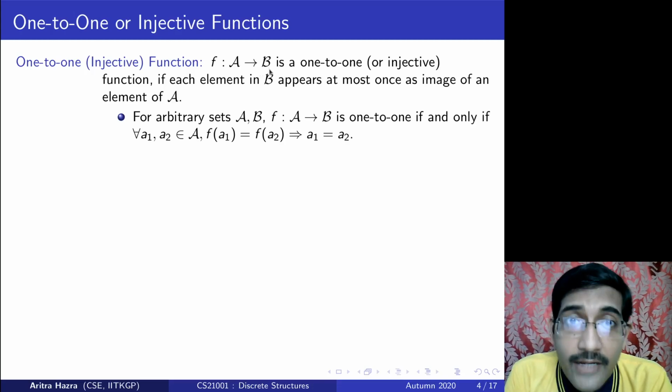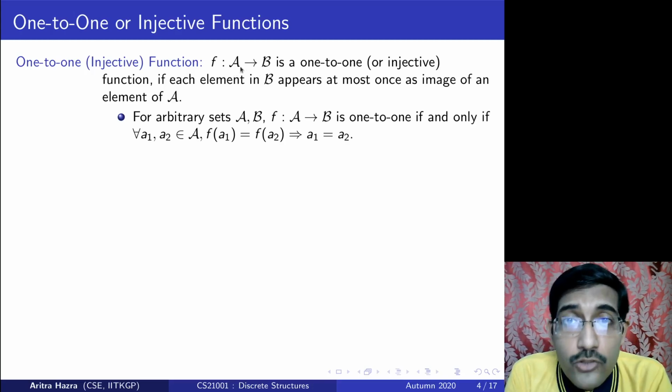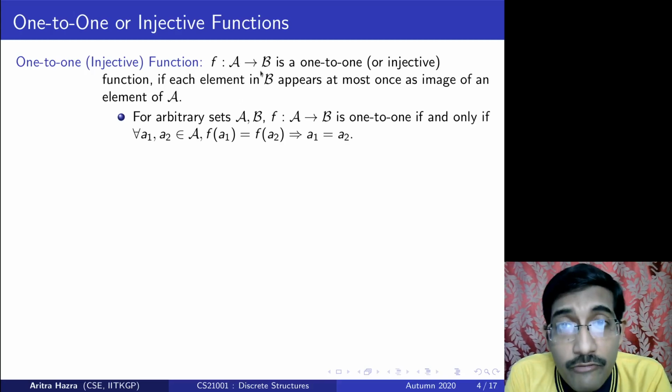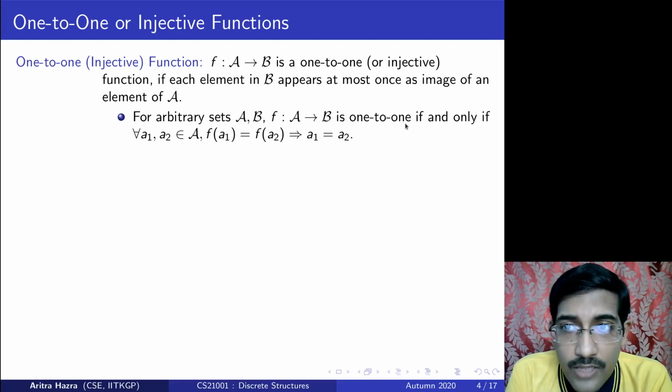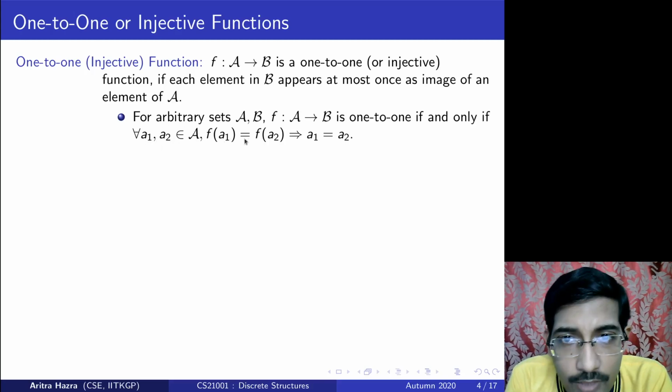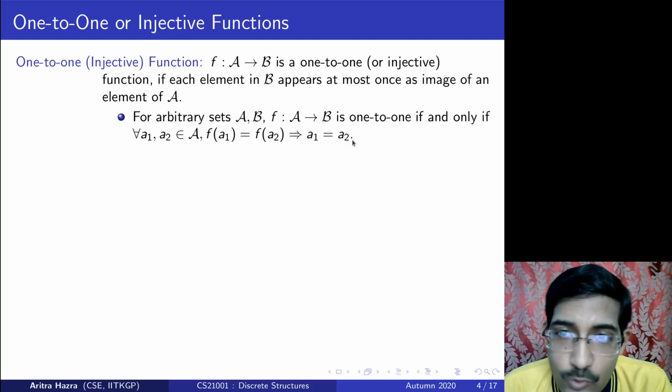However, the additional restriction here is that an element of B cannot be associated with two different elements in A. Formally, for arbitrary sets A and B, F from A to B is one-to-one if and only if, whenever two elements get mapped to the same element in B, that is FA1 equals FA2, it implies that the two elements are the same. So no two different elements will map to the same element.